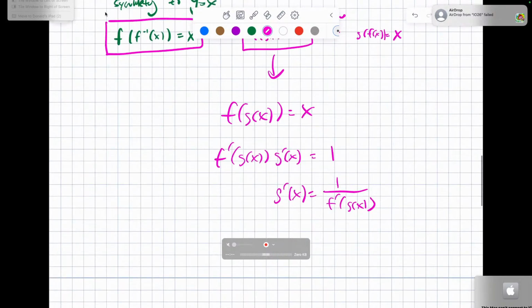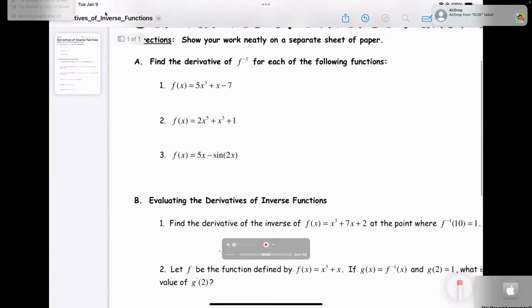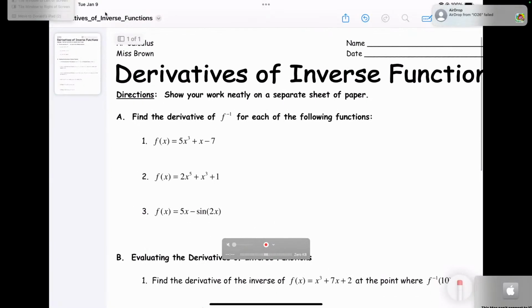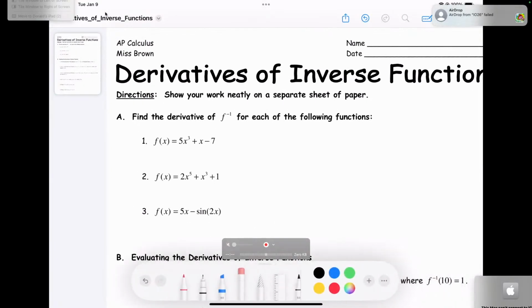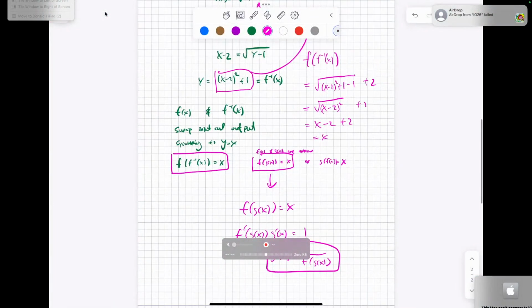Now, how we use this formula is the issue. I already posted today's homework on it. So we're going to start with g prime of x equals 1 over f prime of g of x.